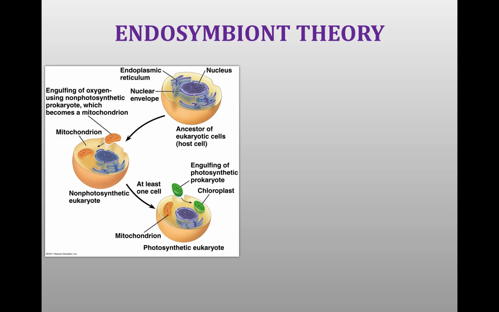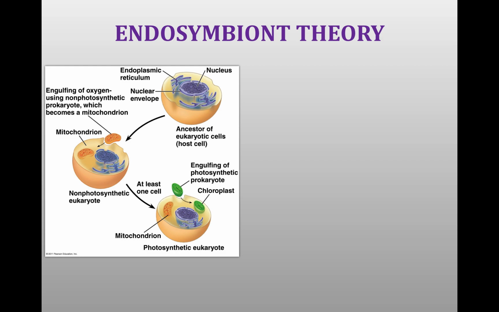So mitochondrion and chloroplasts are really unique organelles. And let's talk a little bit about history, in that we think these organelles, or scientists believe and have evidence to support, that these organelles aren't just little membrane-bound organelles within a cell, but they actually were their own organism.